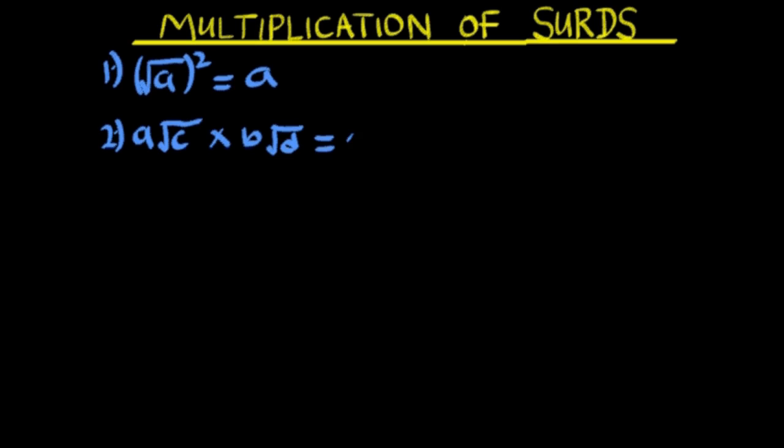So we're going to have a times b, then you multiply the roots with one another, root c times root d, which gives the root of c times d. So in the aftermath, what you always have in this case would be a b root c d.